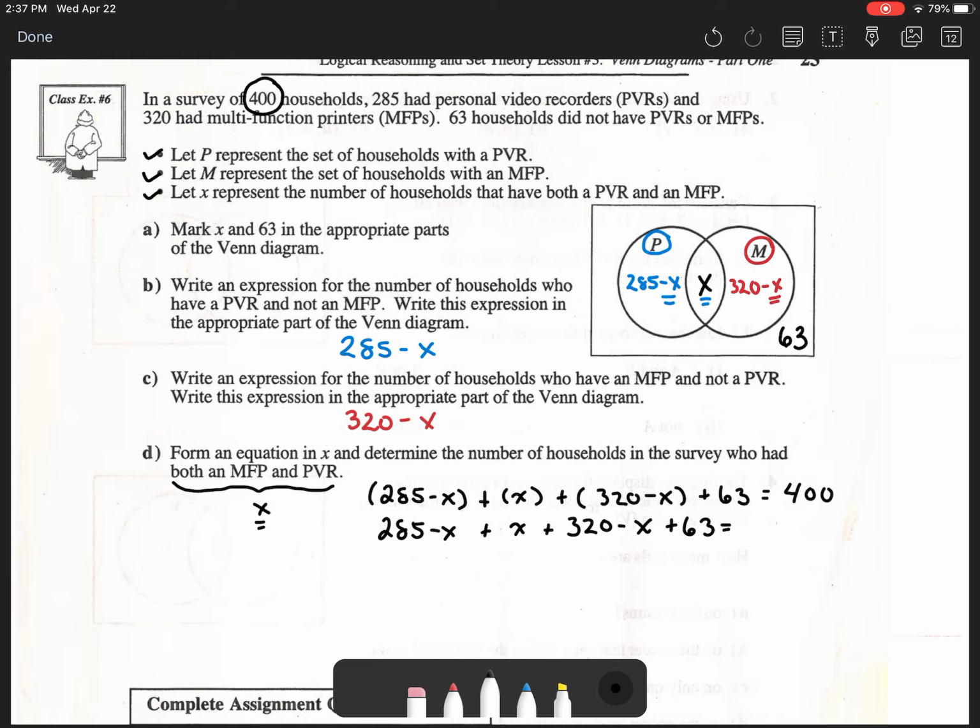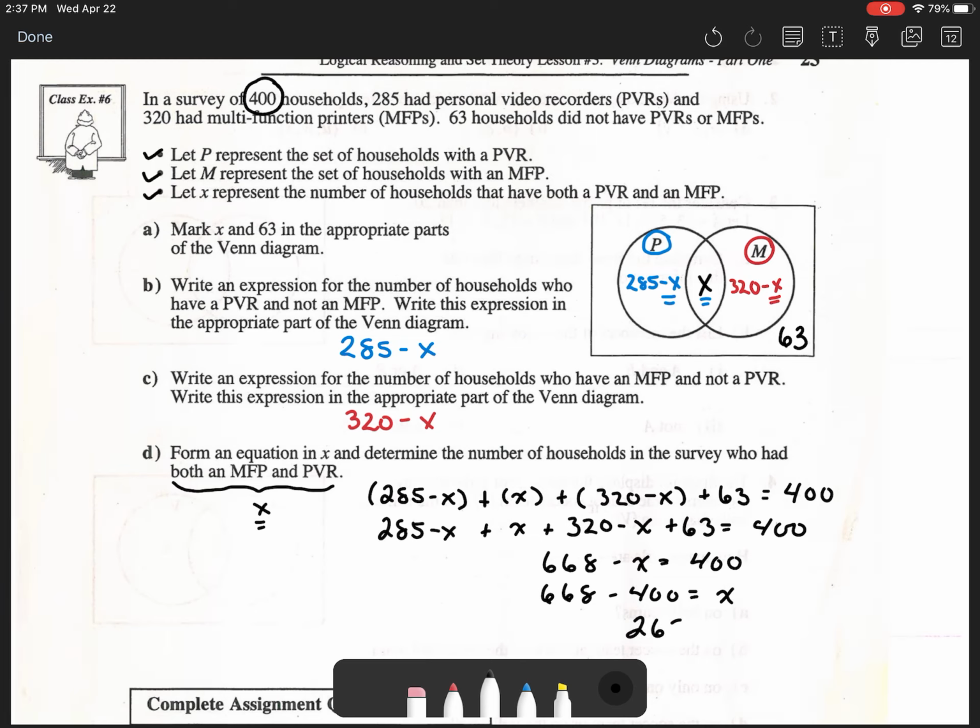From here, I remove the brackets, so 285 minus x plus 320 minus x plus 63, that will equal 400. Now, when I get my numbers together, on the left-hand side, I will get 668 minus x, and that will equal 400.